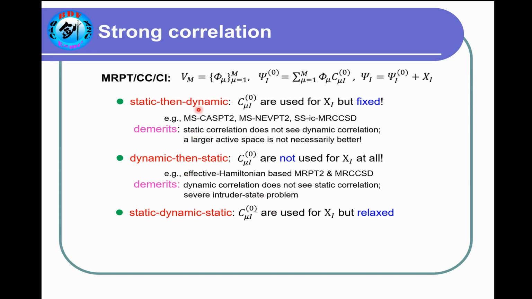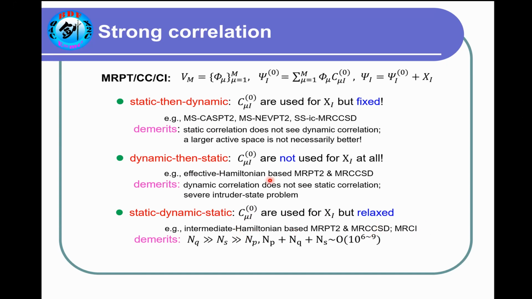So it's obvious that both types of methods cannot treat static and dynamic correlation in an adaptive manner. So only the third family of methods treats static correlation, then dynamic, then again static correlation. That means the zeroth order coefficients are used to construct dynamic correlation, but relaxed, fully or largely relaxed. So MRCI belongs to this family.